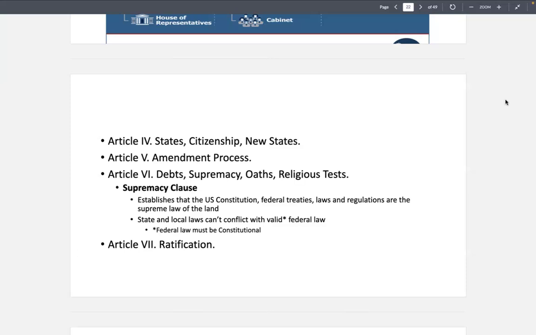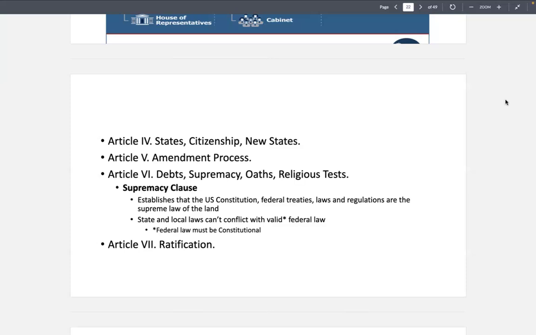Article 6 concerns debts, supremacy, oaths, and religious tests. The Supremacy Clause is critical to know about. In Article 6, it is established that the United States Constitution, federal treaties, laws, and regulations are the supreme law of the land. And the Constitution is at the top of that hierarchy.